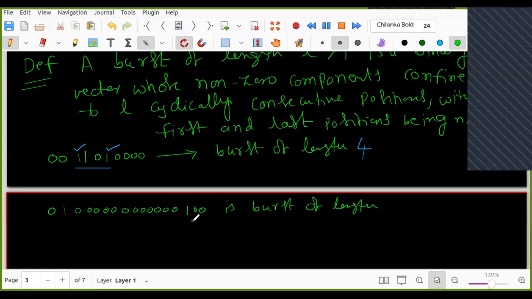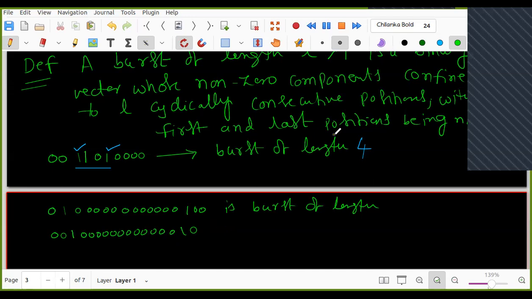If this is a word, I can take the 0s to this side, so 0, 0, 1, 1, 2, 3, 4, 5, 6, 7, 8, 9, 10, 11, 12, 1, 0. This is also a cyclic code, another code word. Like that I can make 2 more rounds. Now can you predict?